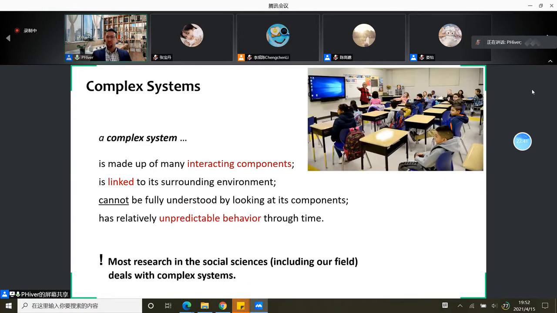So as I mentioned, the reality in our field and in most of the social sciences is that we are studying complex systems. A learner, a class, a group, an institution, or some combination of all of these are complex systems. And studying the processes or the outcomes of complex systems requires a new way of doing things.